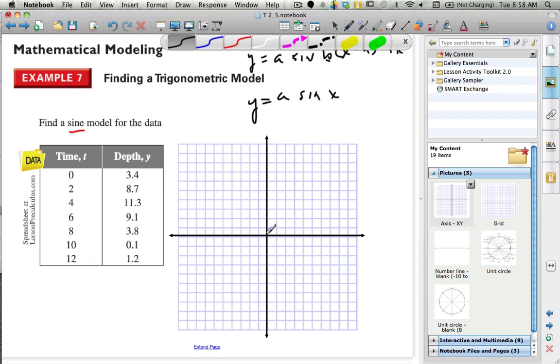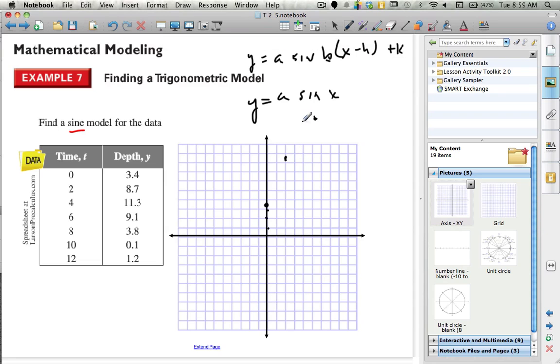At 0, we're at 3.4. And at 2, we're at 8.7, so almost to 9. And at 4, we're at 11.3. And then at 6, I've messed this up a little bit. See, at 2, we're at 8.7. I got a little off there.